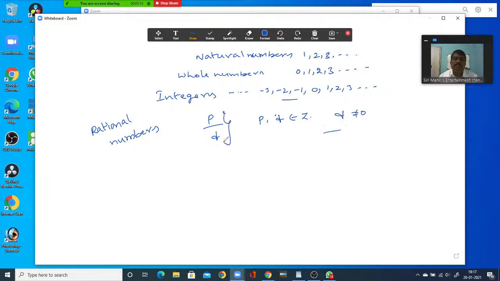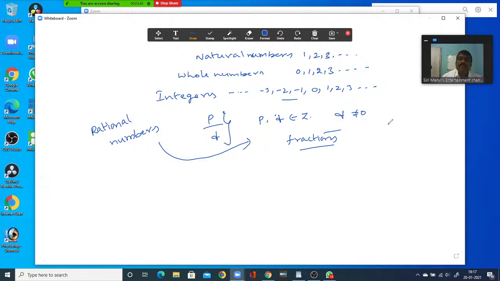P by q are also known as fractions, but what is the difference between fractions and rational numbers? Fractions are filled with natural numbers. Rational numbers are filled with integers. That's it.